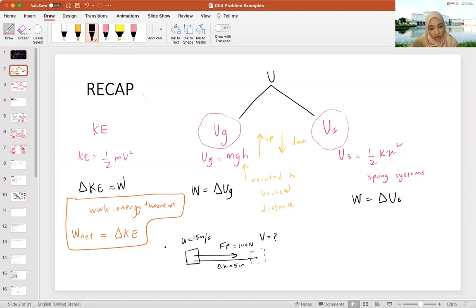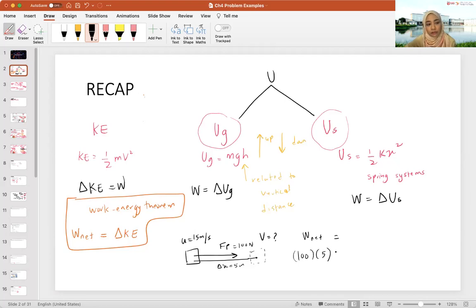So in this situation where we have force and displacement, we know that we have work done, and we also have a change in velocity, so we can use the work energy theorem to find that final velocity. So W net, the net work done, assuming that this is the only force acting, other things we consider invisible for now, is 100 times 5.